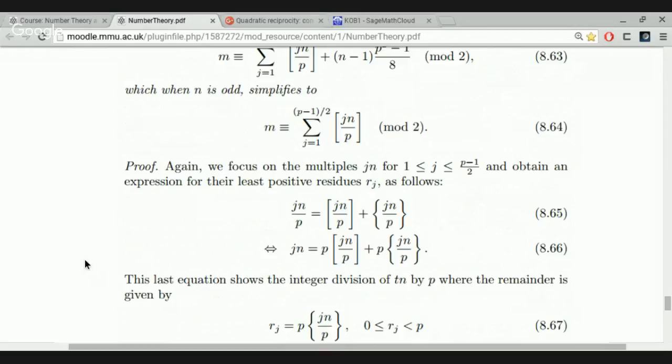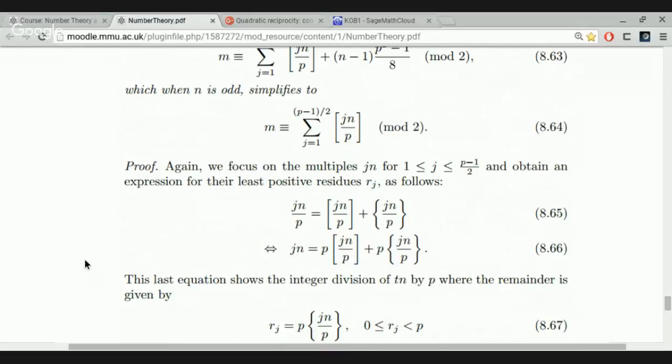Now, just like what I wrote down on my paper a second ago, the rational number x is equal to the floor of x plus the fractional part of x, the integer part of x plus the fractional part. Well, here is just that expression applied to the rational number j times n over p. So some rational number is equal to its integer part plus its fractional part.